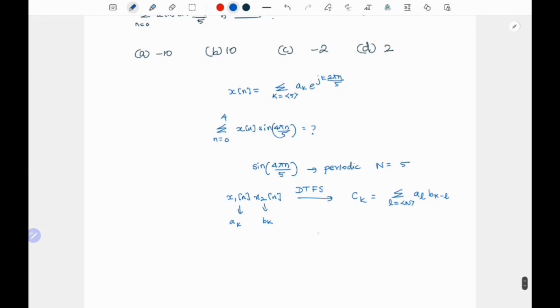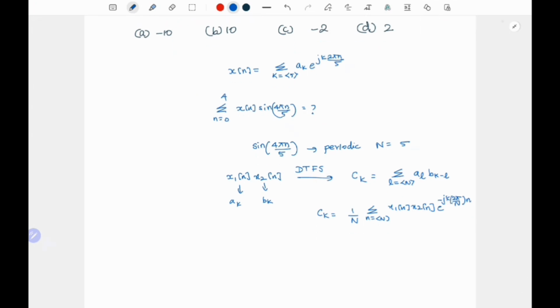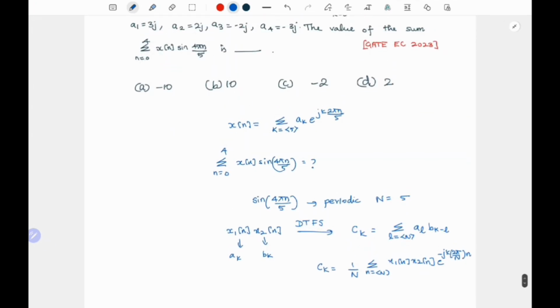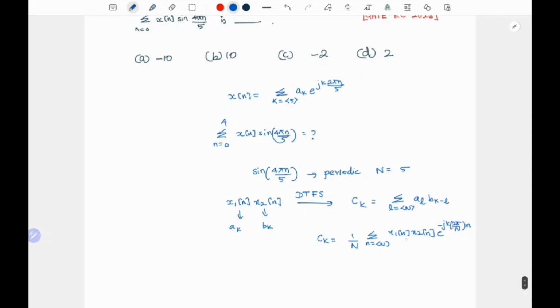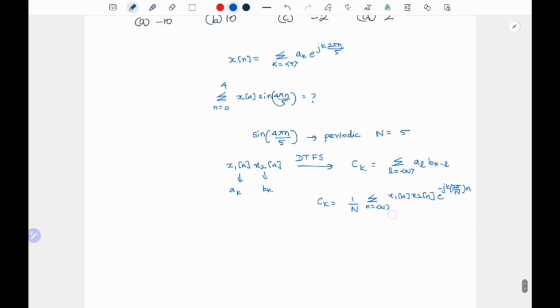And we can also write Ck as nothing but 1 over N summation n over N x1 of n x2 of n e power minus jk into 2 pi over N into n, right? And now you have something of the form of summation n from 0 to 4 x of n into sine 4 pi n by 5. So to get that, you have to just substitute k equal to 0 here.